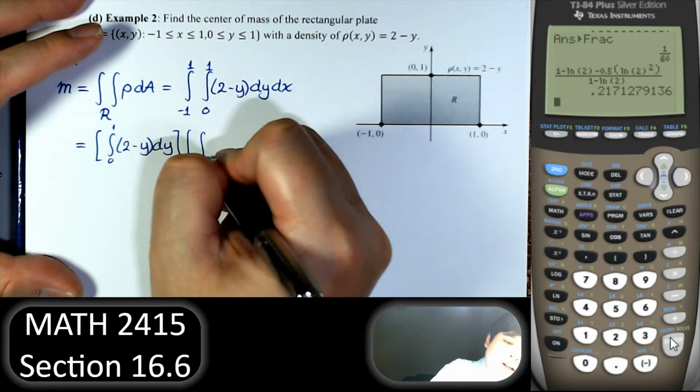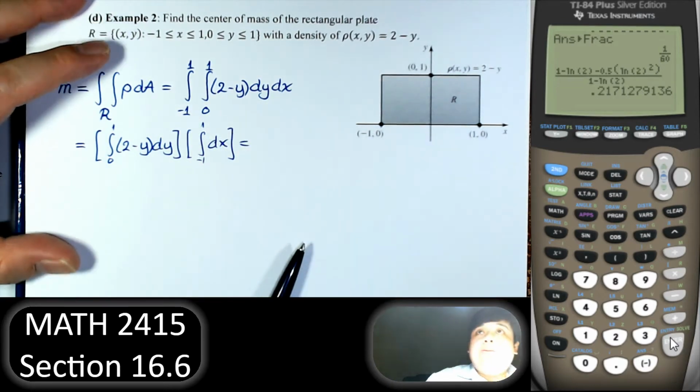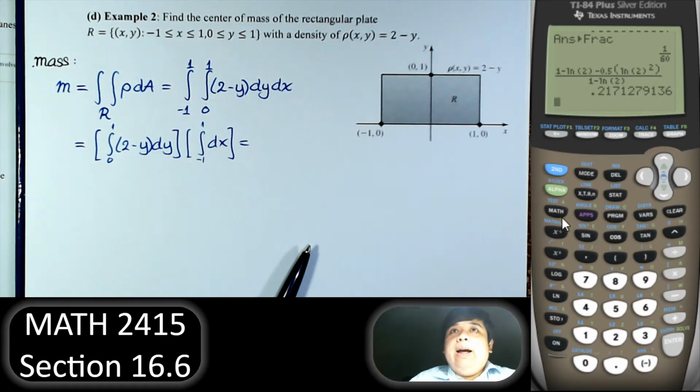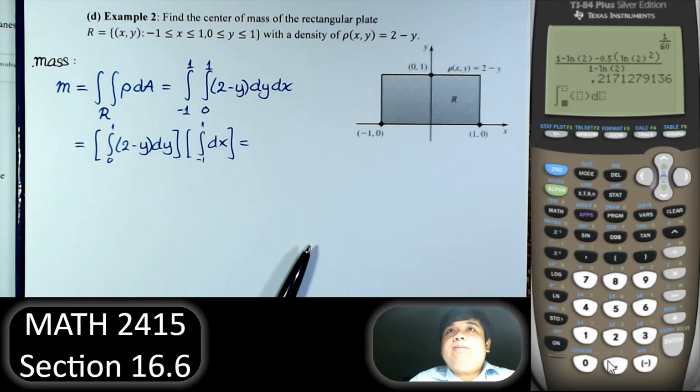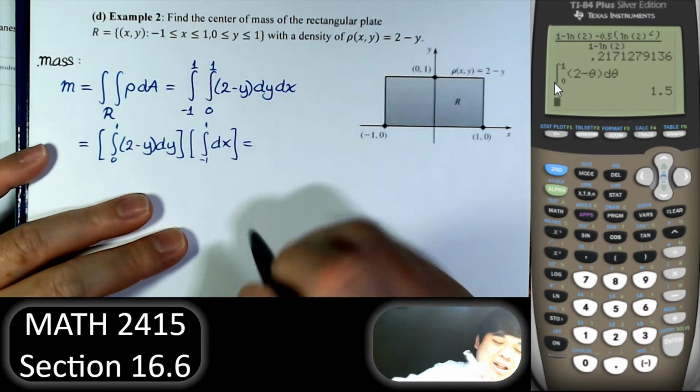Group the x together. Yeah, much better. I forgot to change to rectangular, but never mind, that doesn't matter.